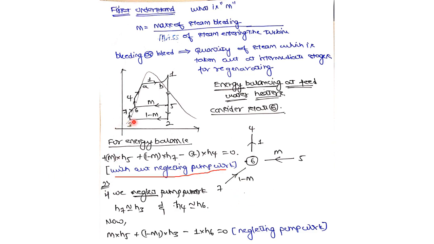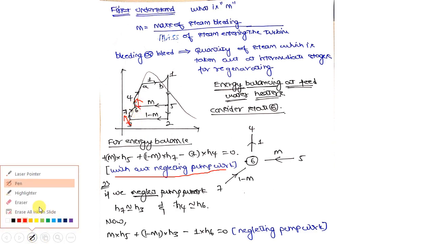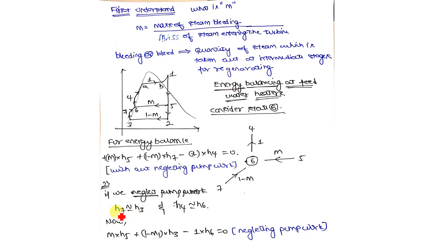So if you neglect the pump work, H3 would be equal to H7, and H6 would be equal to H4, correct? So H6 would be equal to H4 and H7 would be equal to H3. That is what I have written here. Replace the concerned terms in this particular equation.